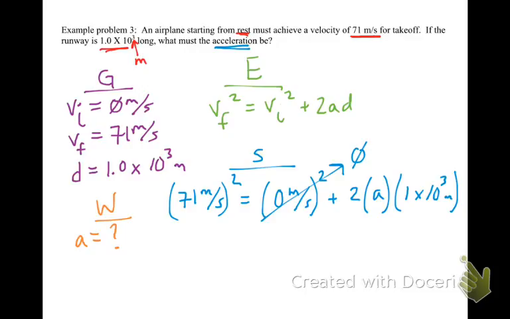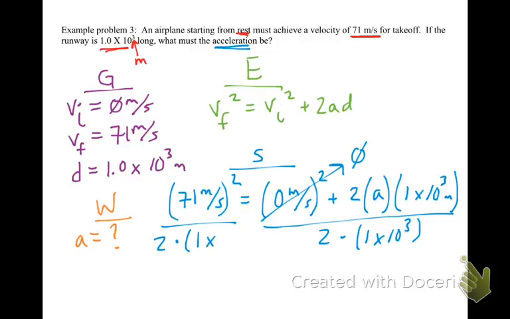Divide both sides by 2 times 1 times 10 to the third, 2,000. And solving for our acceleration, you should have been able to come up with 2.52 meters per second squared.